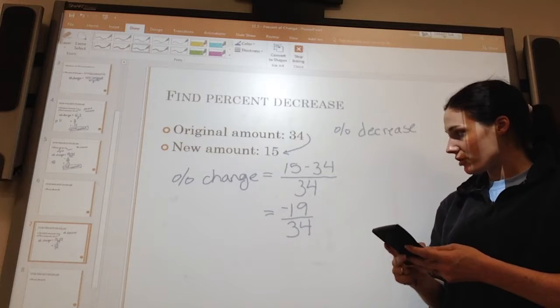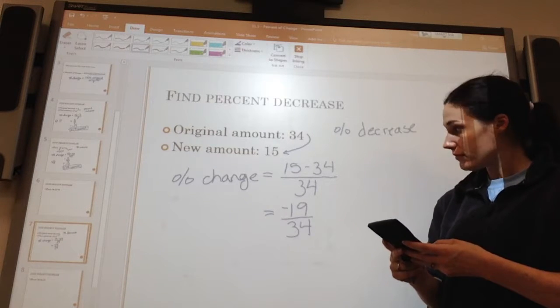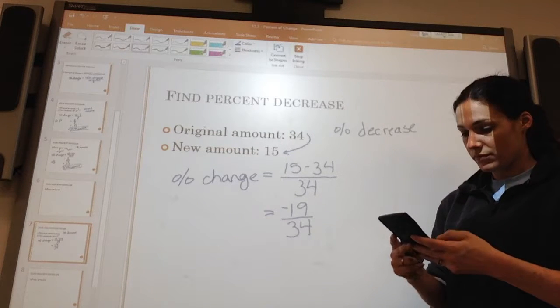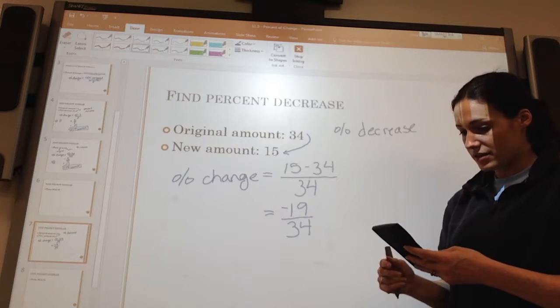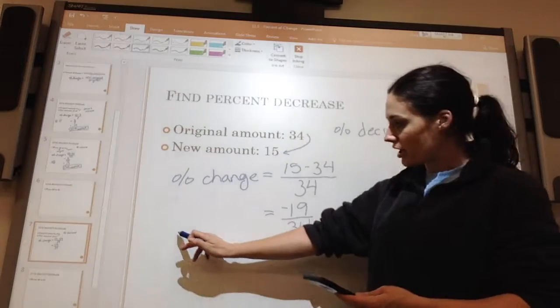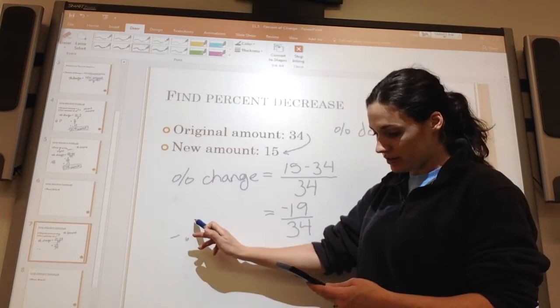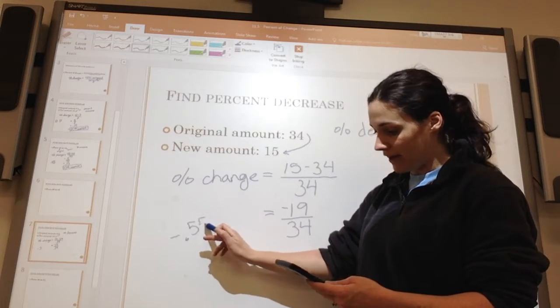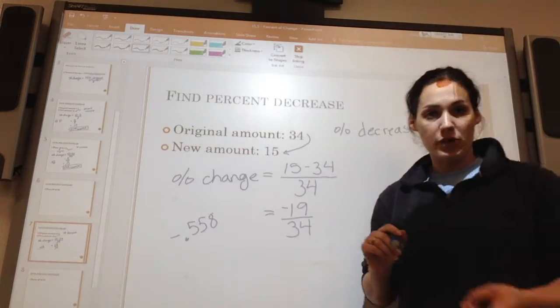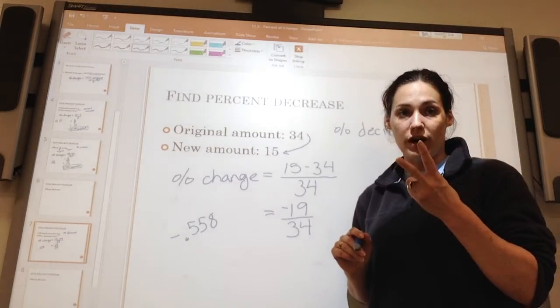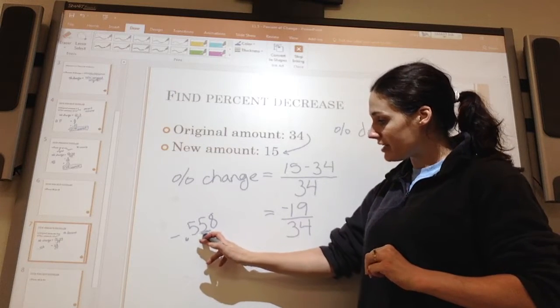Everybody should be reaching for their calculators. Negative 19 divided by 34 is, okay, so off to the side here, I'm going to write down what I got. I got negative 0.558, and so on. I stopped at the 8 because we only need 3 decimal places in order to round to 2. So here's my second decimal place.